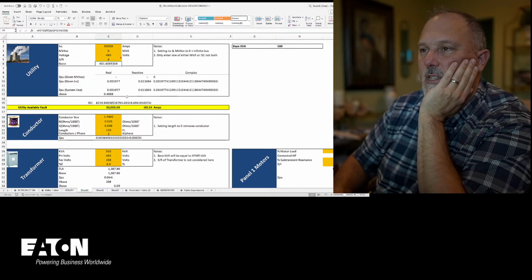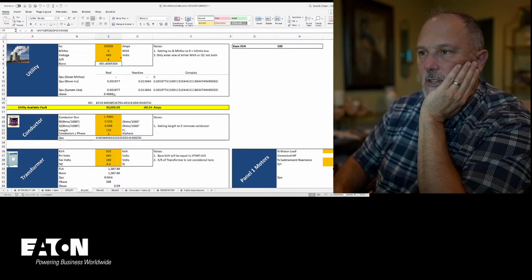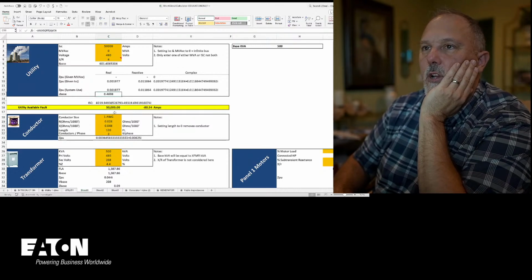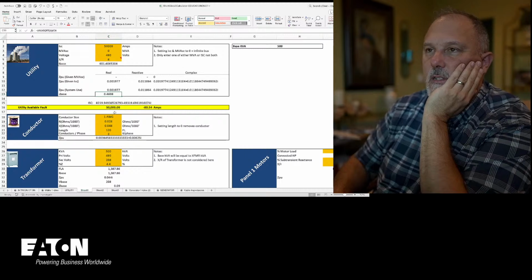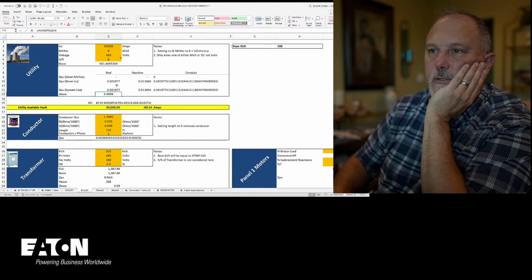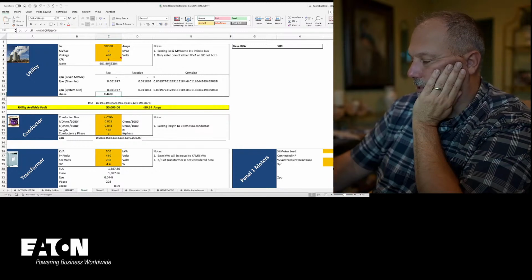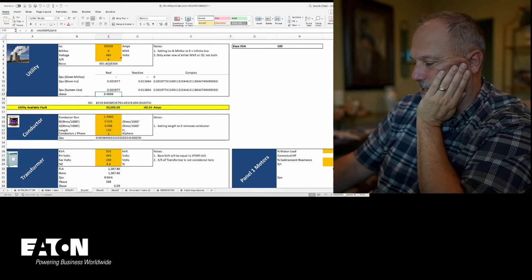My I base is 601.4. My Z base, 480 over square root of 3 divided by C6. Did I use the right voltage? What's my Z base?